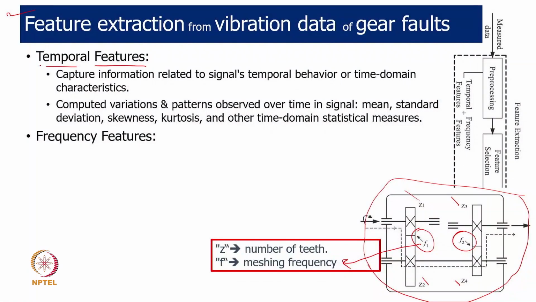Another one is the temporal feature. We get data directly from a sensor. We can plot it on the time scale. That's what we call time domain characteristics. Here we also get some information.